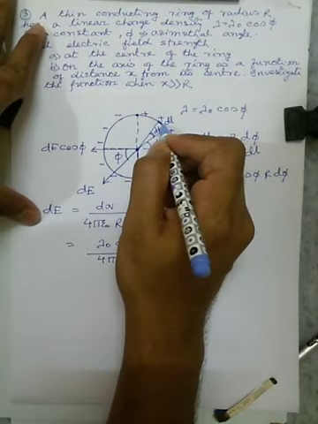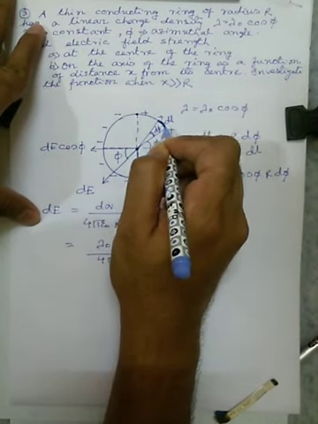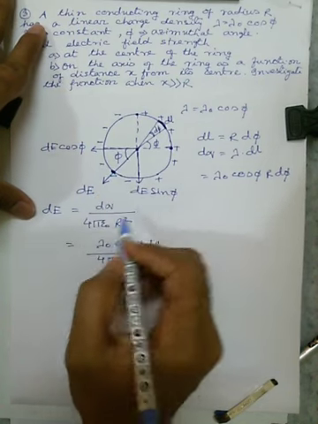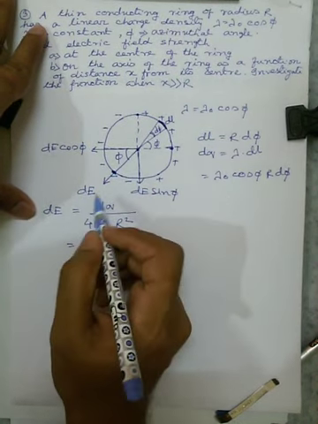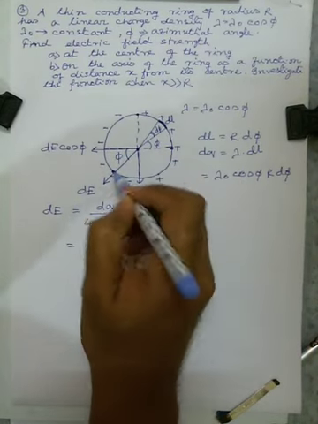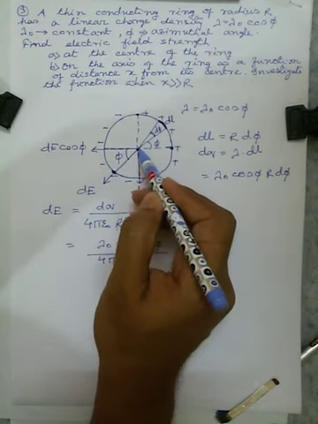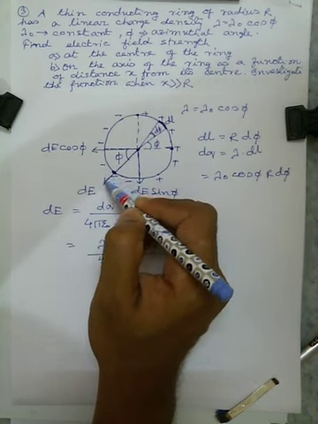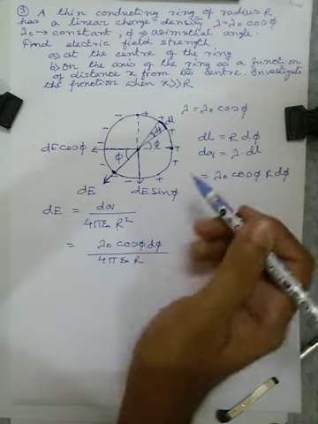Now if we consider the charge distribution dq here, then the electric field will have the same magnitude and same direction, because on this diametrically opposite side the charge is negative and the electric field at this point will be directed towards the negative charge. That means the same direction.